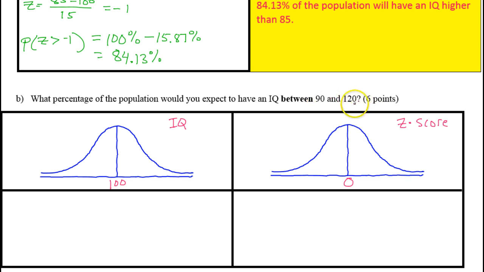Okay, so 90 and 120. 90 is less than the mean, so it'll be over here somewhere. 120 is above the mean, so it's going to be over here somewhere. And we want to know the percentage of people, the percentage of data between these two numbers. So that would be between here. All right, so this is how you should shade in the picture.